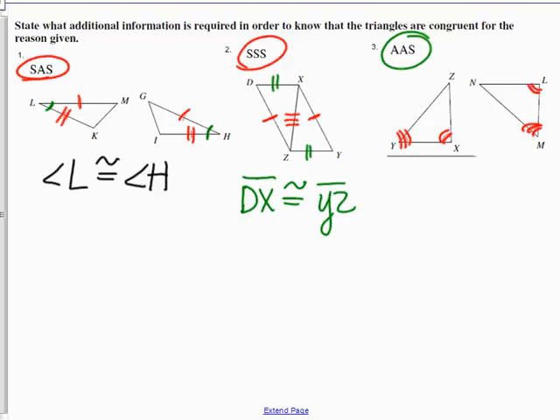So in order to make it angle, angle, side, I need to read it angle, angle, side. It's got to be that one. I read L, M, and this side. So in order for this to be angle, angle, side, we need segment YZ to be congruent to segment MN.